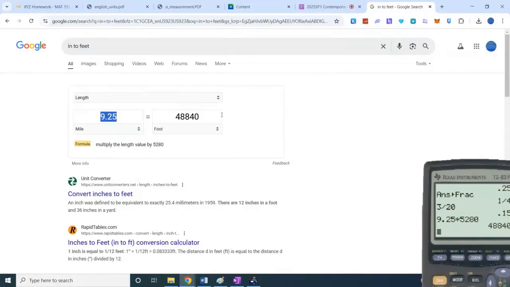And it gives us 48,840 feet. The exact same as with the hand calculation. All right, any questions about the first couple rounds?